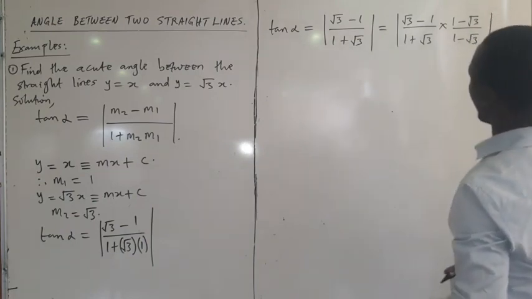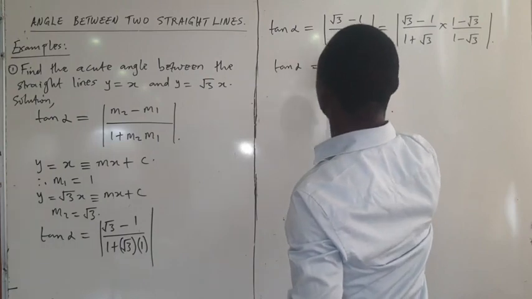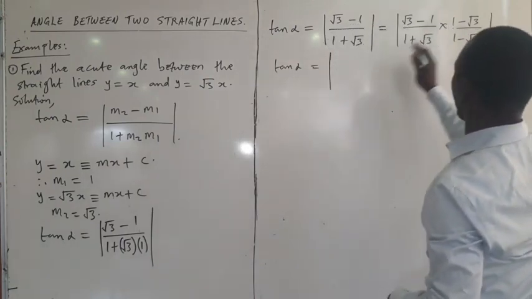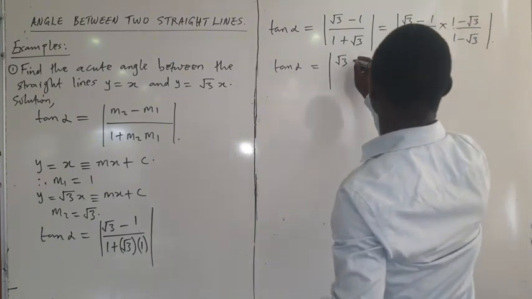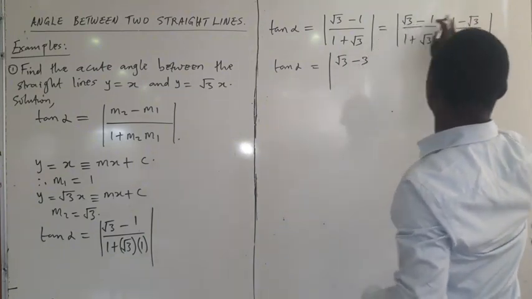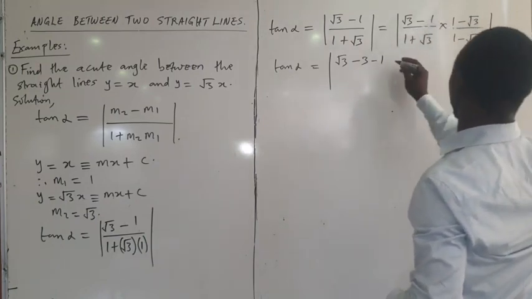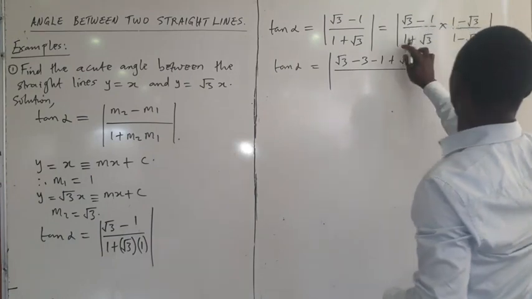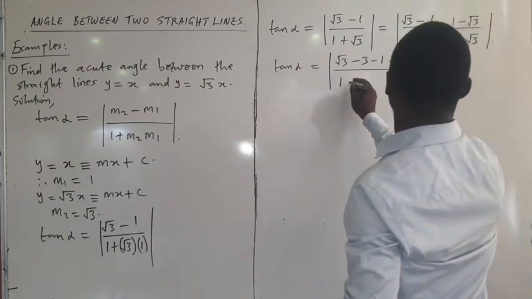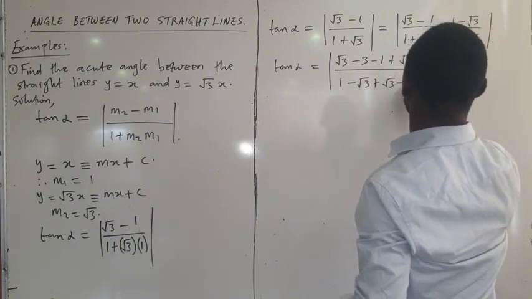Root 3 multiplied by 1 is root 3. Root 3 multiplied by minus root 3 is minus 3. Minus 1 times 1 is minus 1. Minus 1 times minus root 3 is plus root 3. Then all over 1 times 1, that is 1, minus root 3 plus root 3 minus 3.